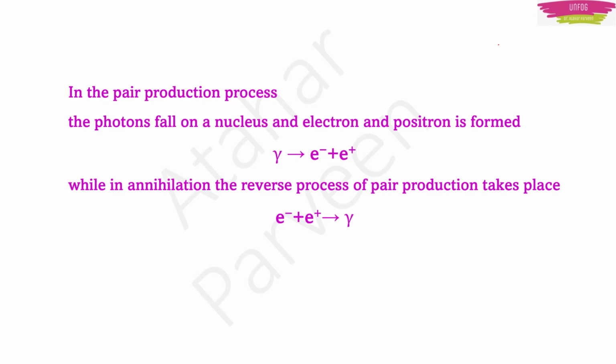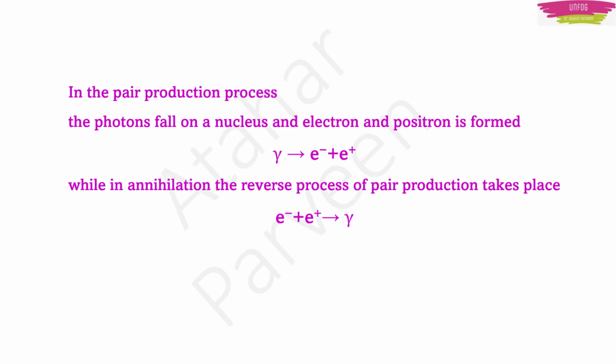Now these are the equations. Anyway, this is next level only, the equations, but I thought we will not take a risk, because they are not mentioning pair production in this syllabus, but pair production and annihilation is the best example given for E equals mc square. So I thought I will not take a risk.